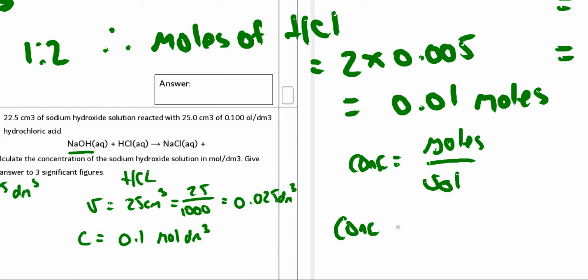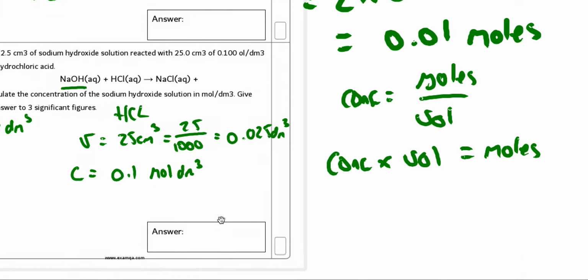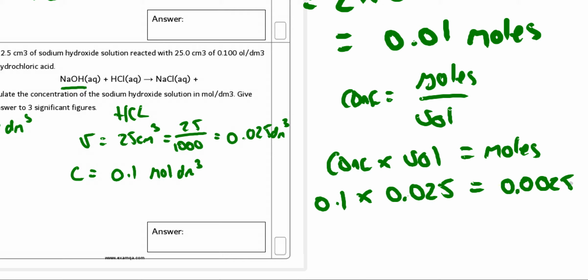So the concentration here, what do we want to find? So we want to find the moles here. So we're going to do concentration times volume, which equals moles. And then we're going to plug in our values. So it's 0.1 times 0.025, and that's equal to the number of moles, which is 0.0025.